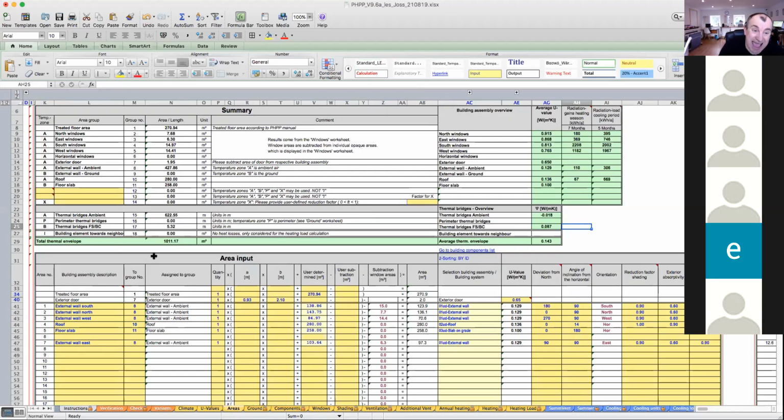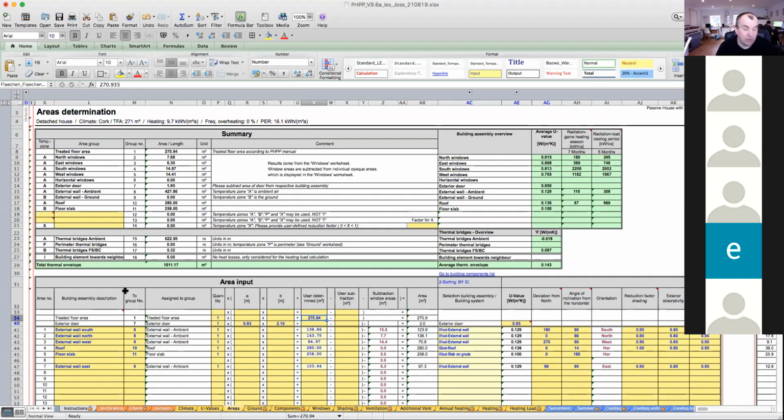It calculates the areas. If you remember from the Vectorworks demo that I did, we have treated floor area. We can see that here is 270.94. It's also working out, if you remember back a few weeks ago, the areas of wall to glass.